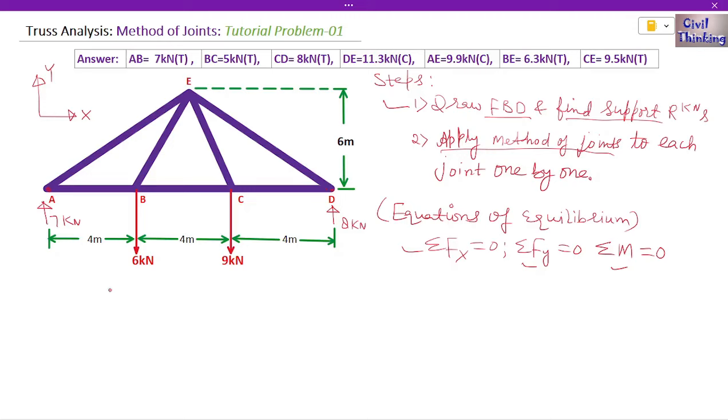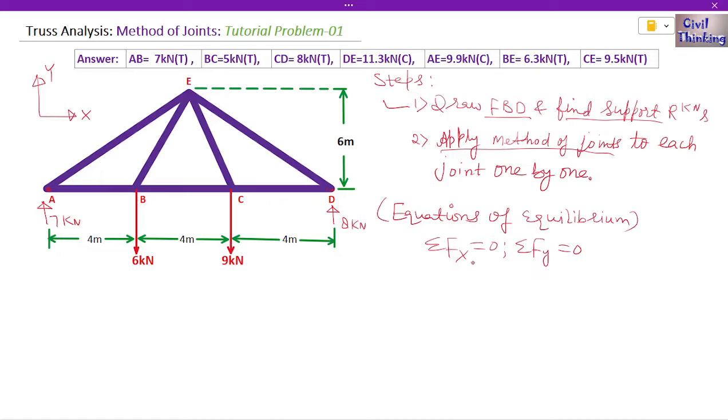When we apply method of joints at joint A, we basically apply equations of equilibrium at joint A. Because a joint is a point, and for a point there are only two equations of equilibrium: summation of force in the y direction is 0 and summation of force in the x direction is 0.